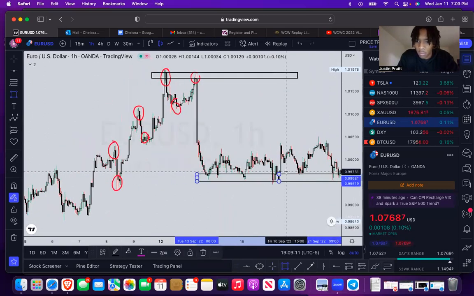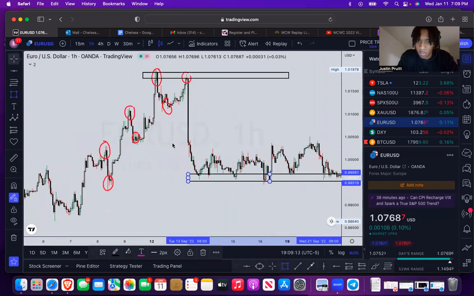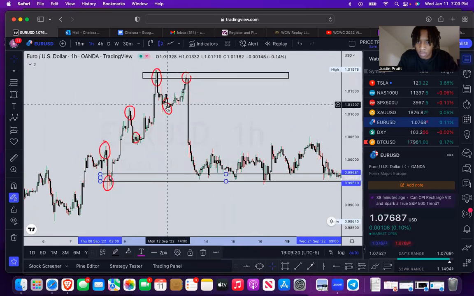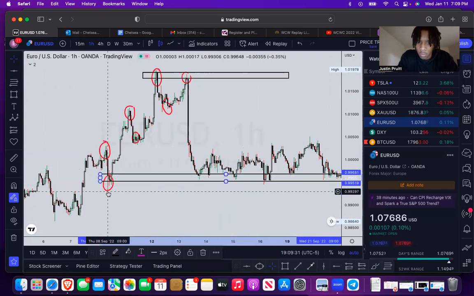If I pull this box back, it's to the same area. So now she broke this higher low, but made a what? An equal higher low, because she did not go past this. From what we can see right here, she did not break past this. Do you see that? So that's an equal higher low.